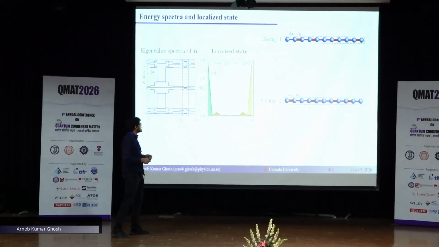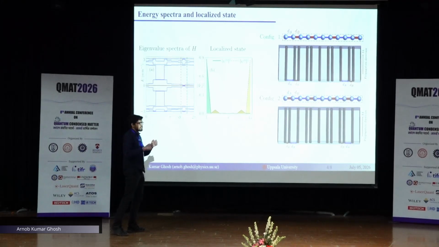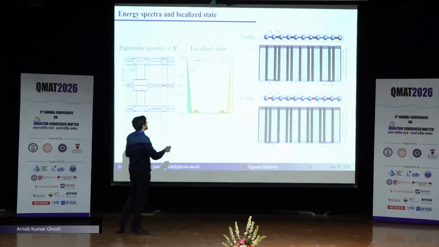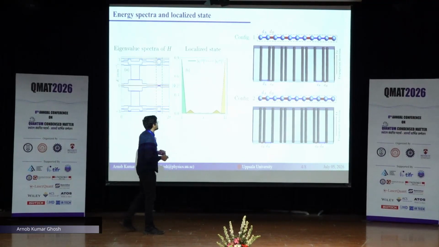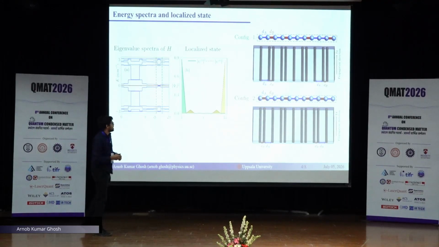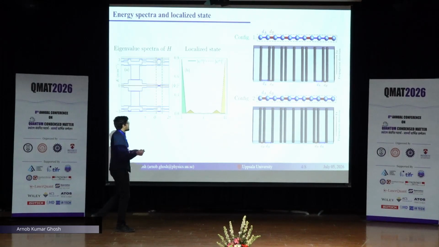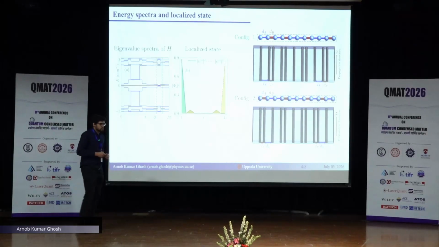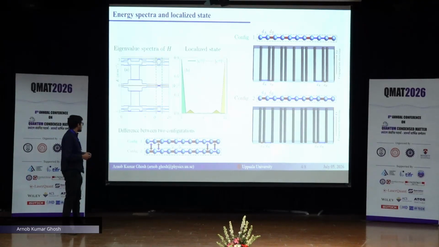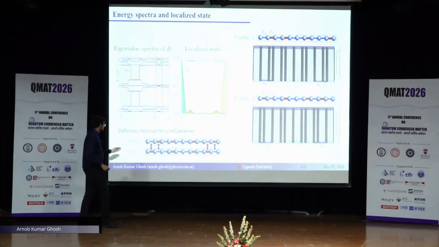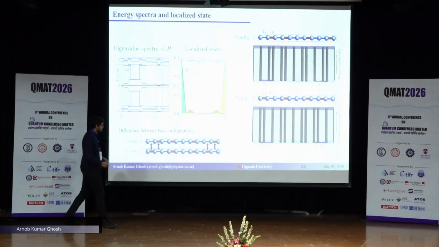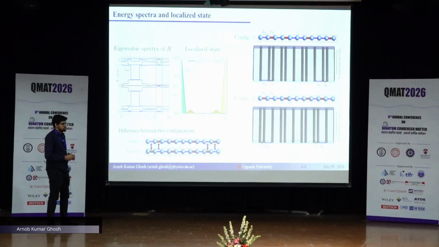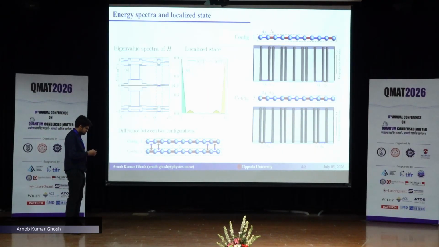We have these two configurations, and correspondingly we can make the waveguide setup just maintaining these two kinds of distance dA and dB, and orienting them according to this sequence. The difference between these two configurations is that you need to flip 4n bonds to go from one configuration to another. We will use this property.